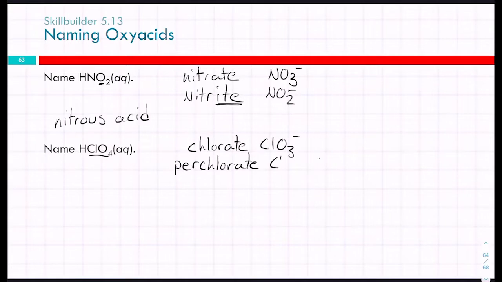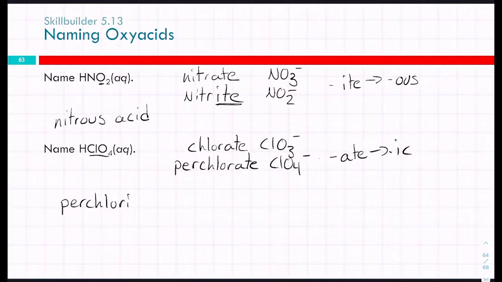So it'd be ClO4 minus. So ITE we convert to OUS. ATE we convert to IC. So this is just perchloric acid. Again, no hydro.